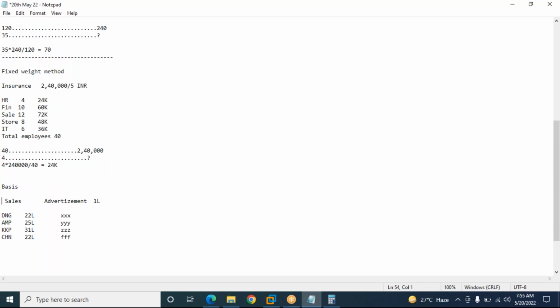Understood? This is the business unit, and this is the advertisement expenditure. So the source is not one.